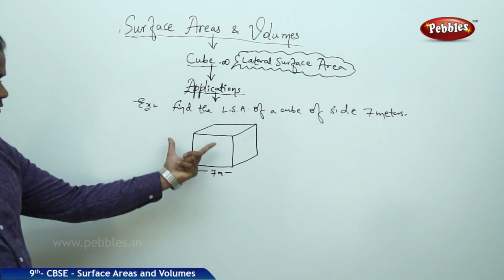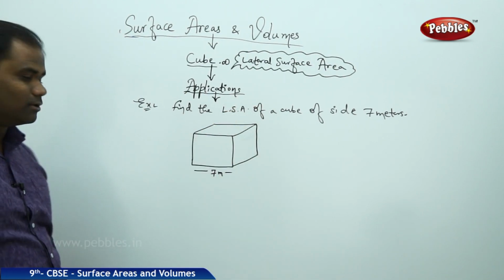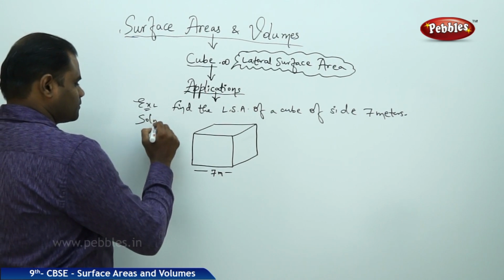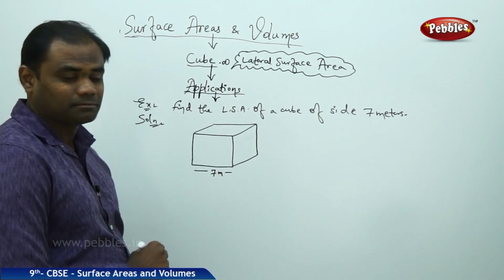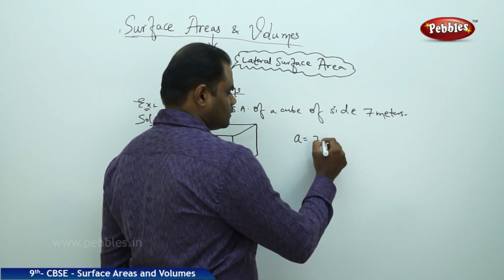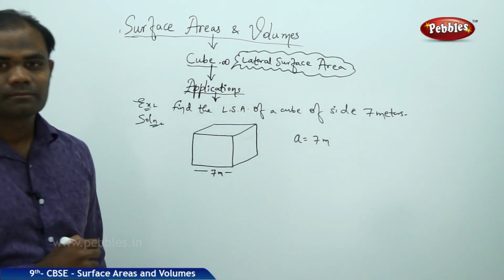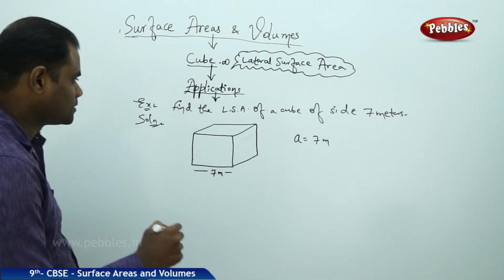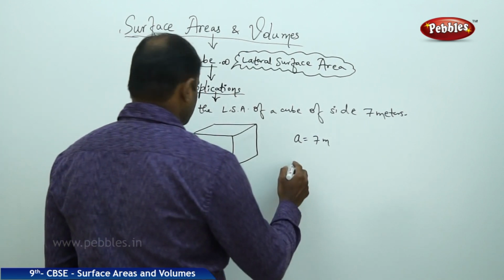Here is a cube of side 7 meters with all sides being equal. Now we need to find the lateral surface area. Now 7 meters is the a which I identified. So my side a is 7 meters.